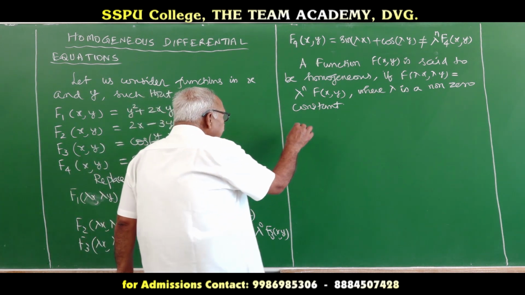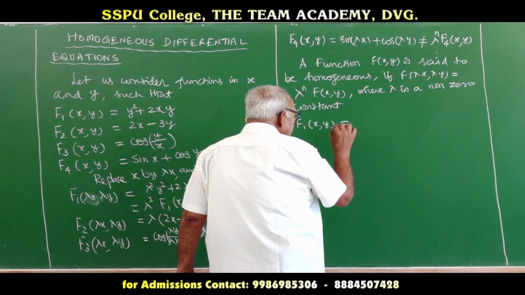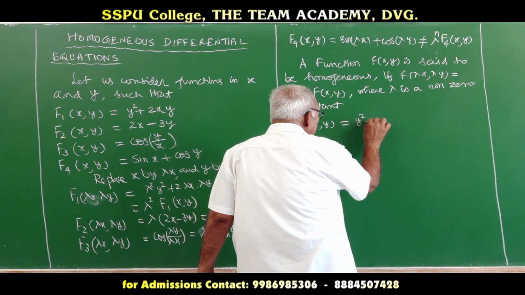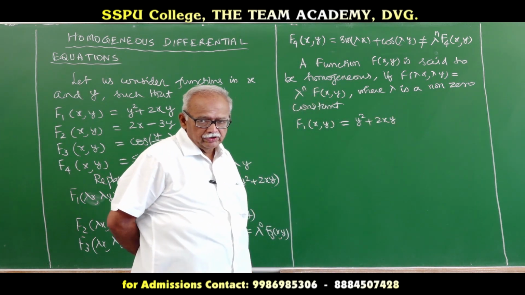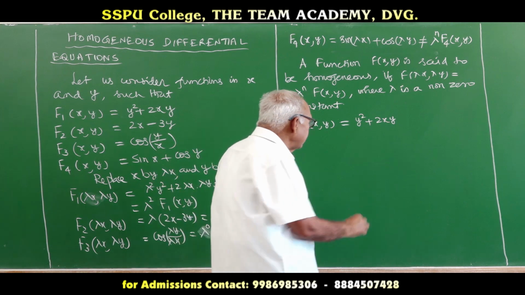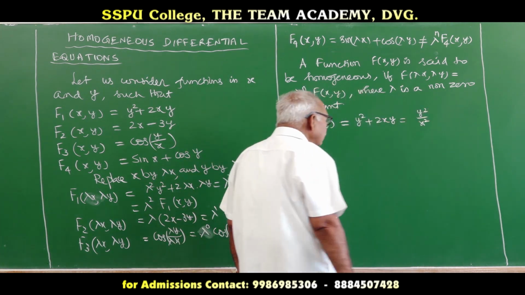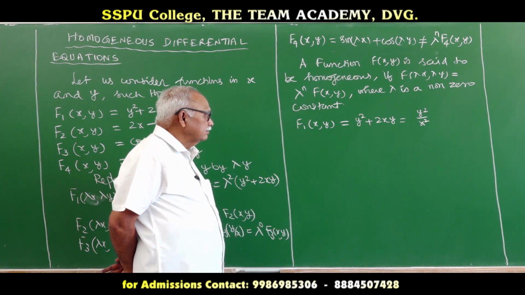I will take f1 of x, y, which is y square plus 2xy. Now, I am going to divide this by x square.